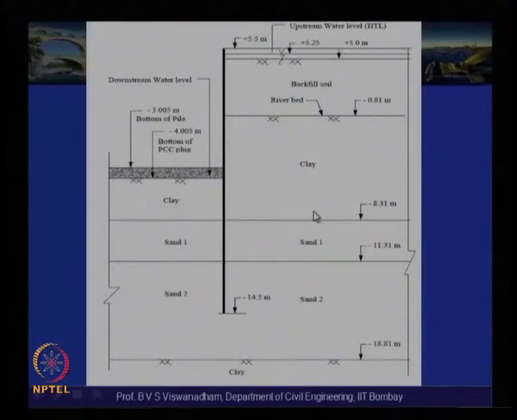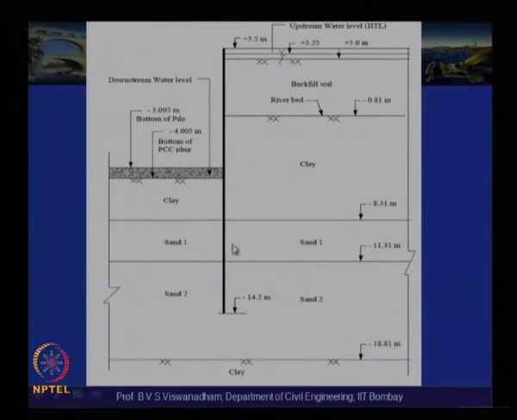So this cofferdam section has a typical status like this, and this is the river bed at minus 0.81 meters, and the entire strata from the river bed to minus 8.31 meters, about 7.5 meters, is a clay strata.